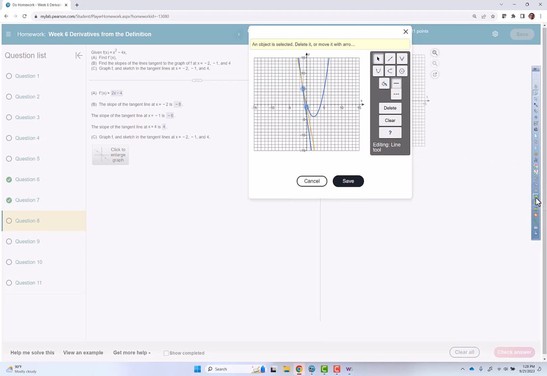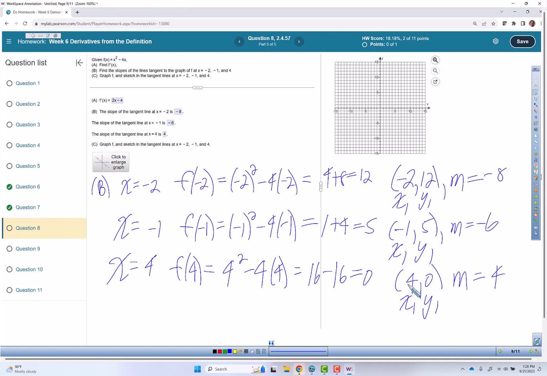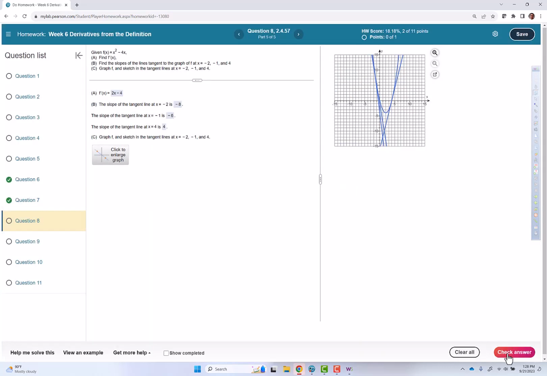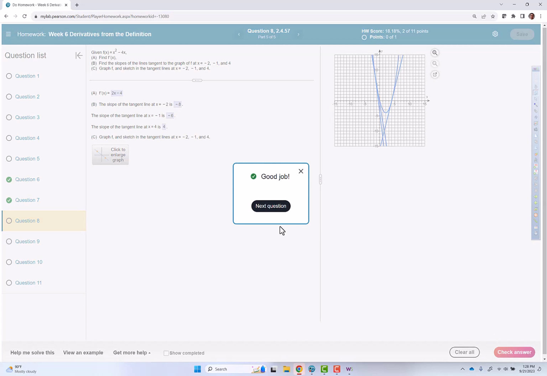And then the last one, go to 4, 0, slope of positive 4. So 1, 2, 3, 4, 0. Oops. Line tool, 4, 0, and a slope of positive 4 over 1, 1, 2, 3, 4. Save that. Check answer. Good job. And that concludes this video.